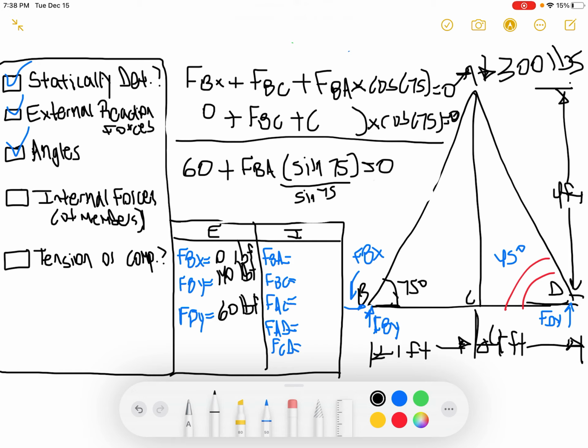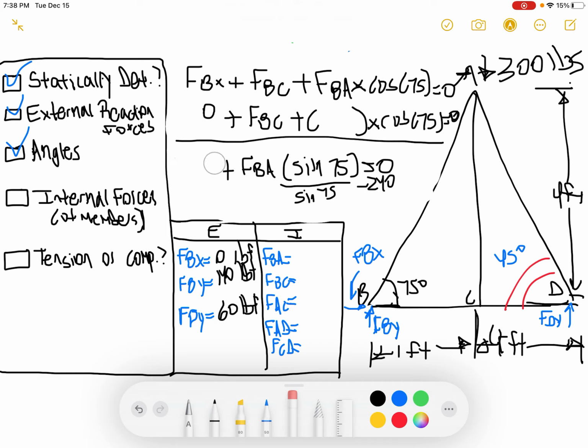Wait a second. I'm sorry. FBY, I messed that up. Hopefully you caught that. That's actually 240. We would subtract first. And so we subtract 240 and then divide by sine of 75.